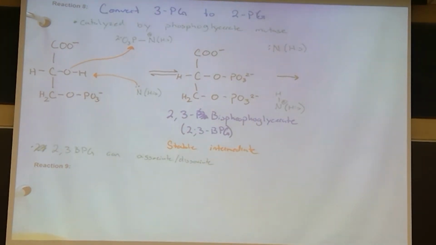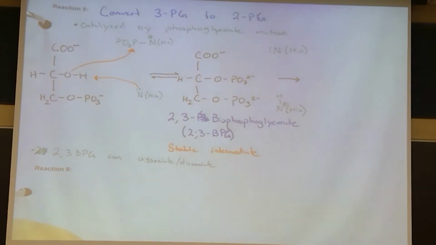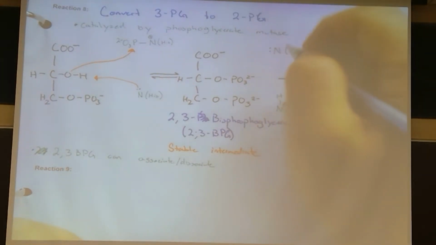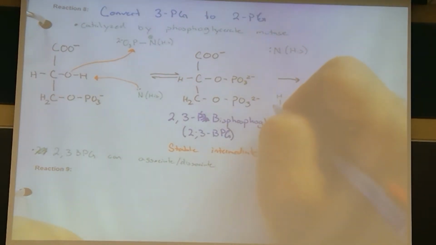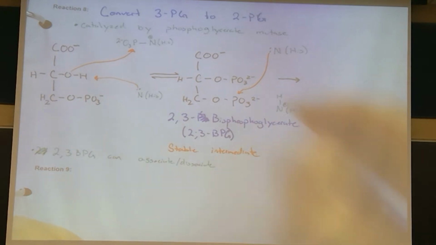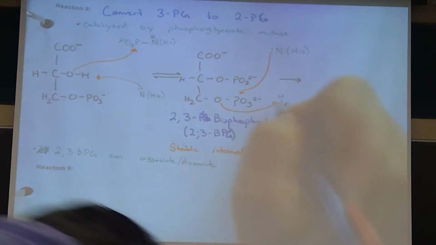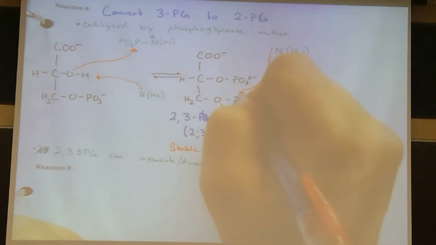So we got chemistry, right? The whole point is to get to 2PG. A base grabs our phosphorus group, so if you're not CI, grab a proton.